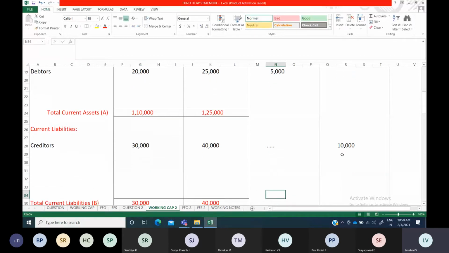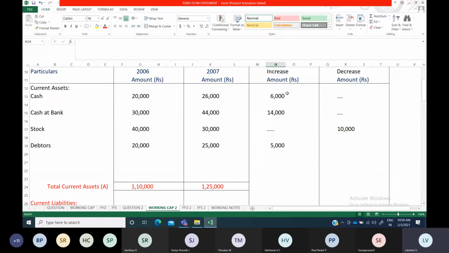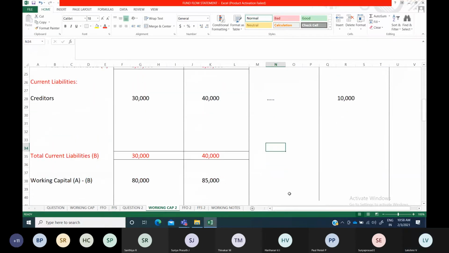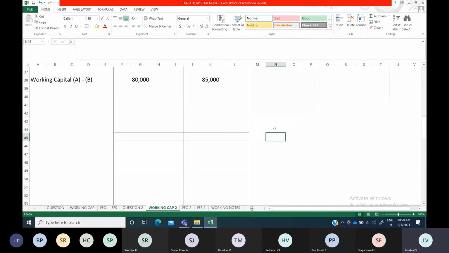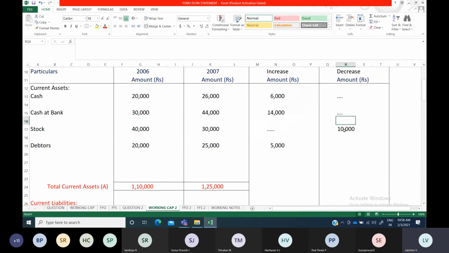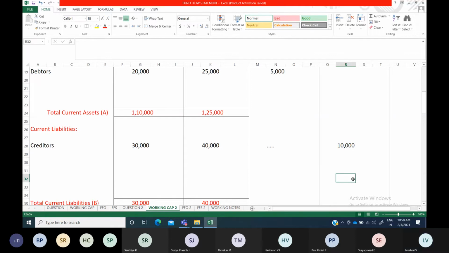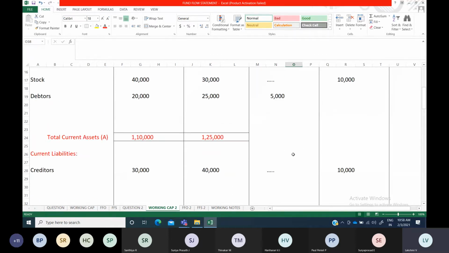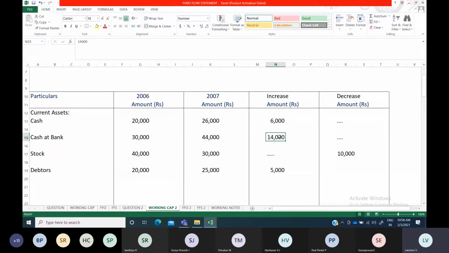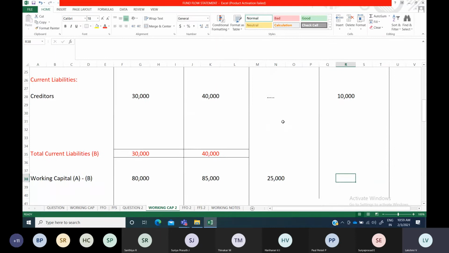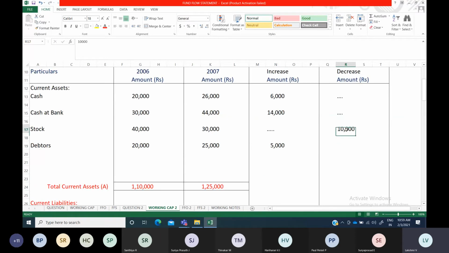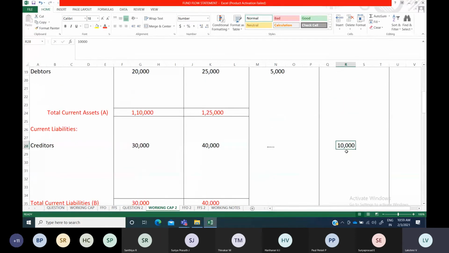Okay. So that's it. Now what you have to do now, increase column, everything fully you have to total and find out how much you are getting. Similarly, decrease column, total everything and find out how much you are getting. Just find out: 6,000 plus 14,000 is 20,000, plus 5,000, 25,000 you are getting this side. Similarly, on the decrease column, 10,000 plus 10,000, 20,000 we are getting.